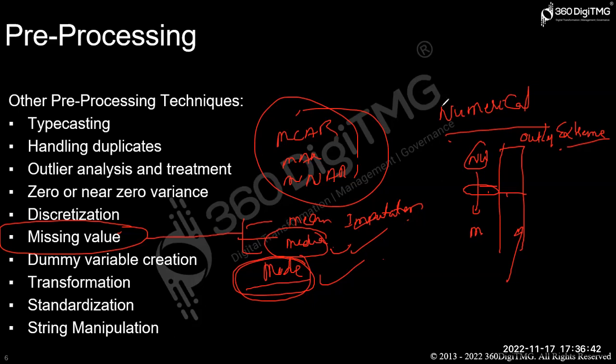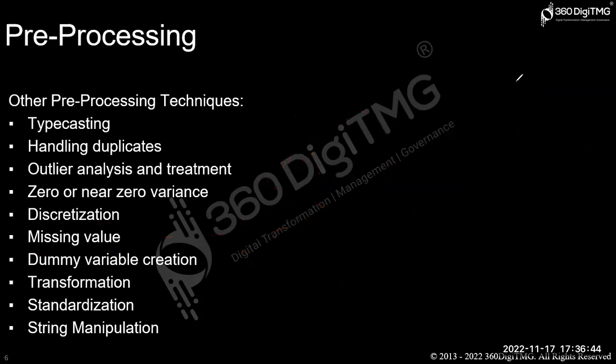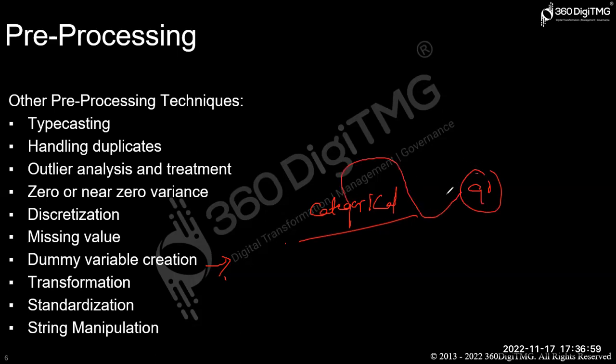And then we have dummy variable creations. In dummy variable creation, whatever the categorical data we have, maximum algorithms won't take categorical data directly. So what we have to do is convert these categorical data into numerical. For that, we will be having various encoding techniques.